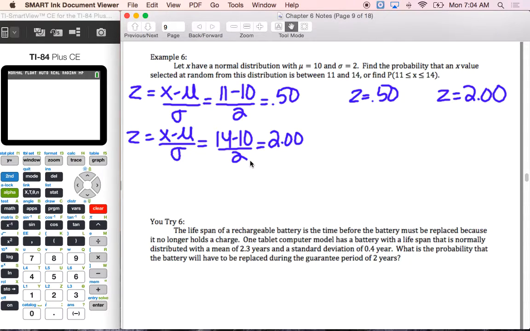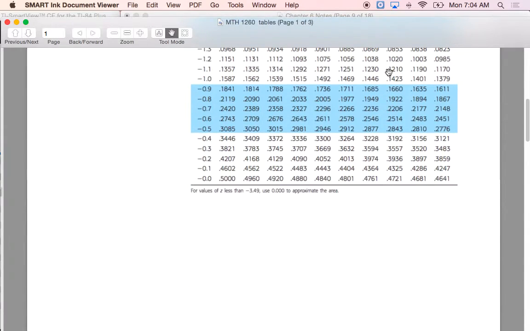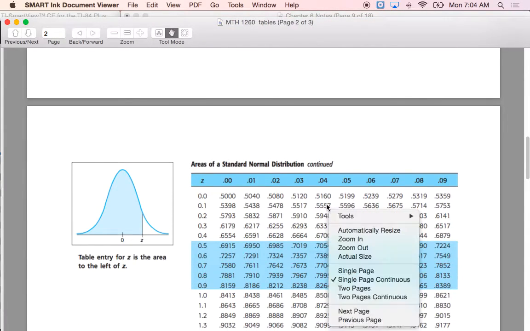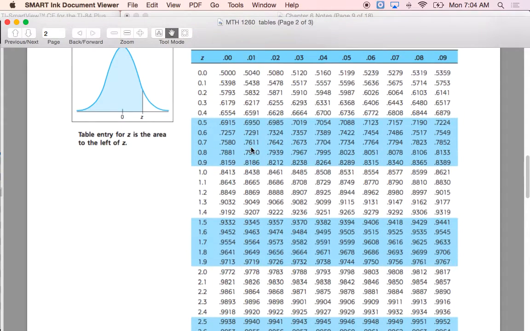So I go over to my table then. So we need to find z of 0.50. So I've got 0.50, so there we go, 0.6915. And then we need a z of 2.00, so that's right here, 0.9772.